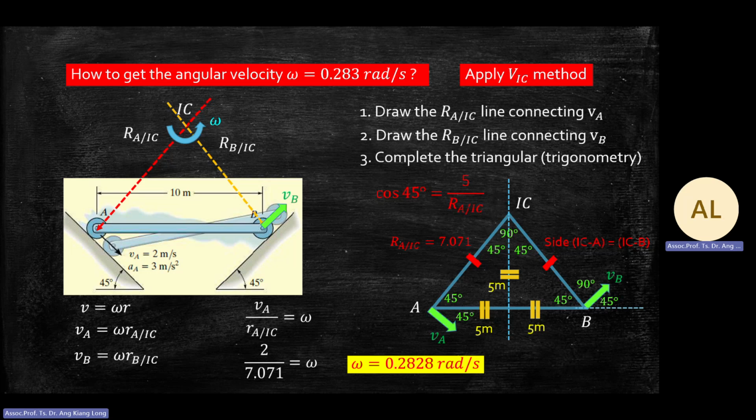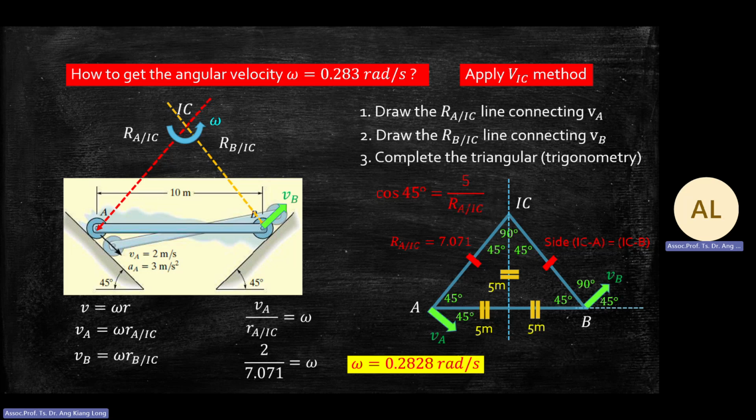Do the same for B. You can transfer your 45 to this angle here, and to here. This is 45, and also the same here. How do you know it's 45?